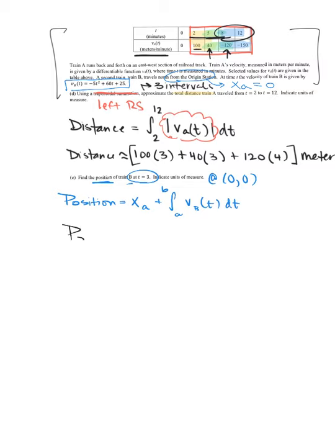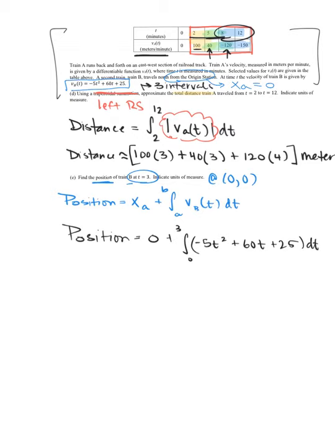So my position would be 0 plus the integral from 0 to 3 of the equation that was given above, negative 5t squared plus 60t plus 25, dt.